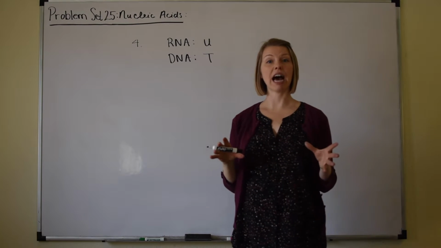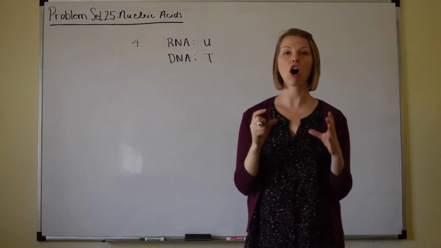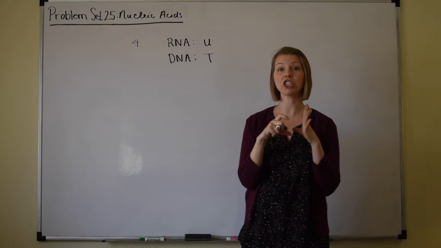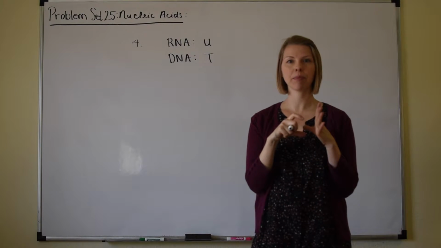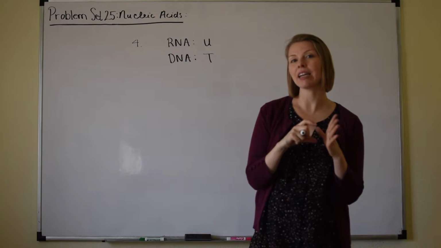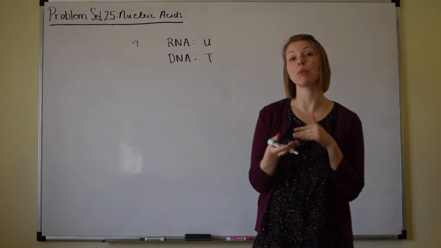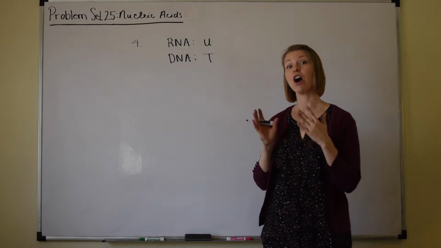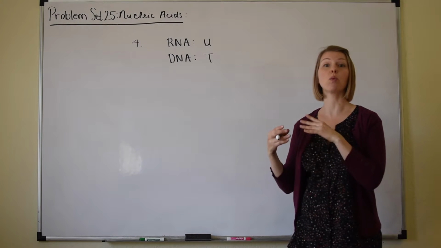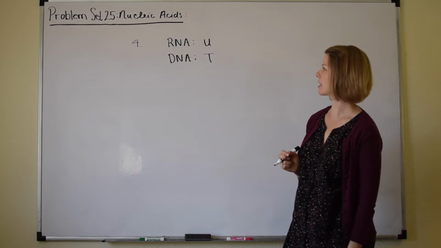And the reason for that is that when the RNA is copied from the DNA, remember it's just one gene copied from DNA, everywhere that a thymine occurs in the DNA, the RNA replaces it with a uracil. Okay, so the RNA is never going to have thymine because it's always going to replace thymines with a uracil when synthesized.